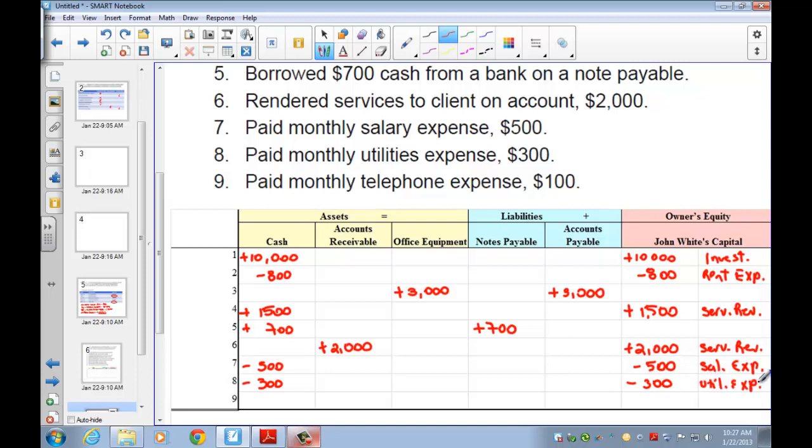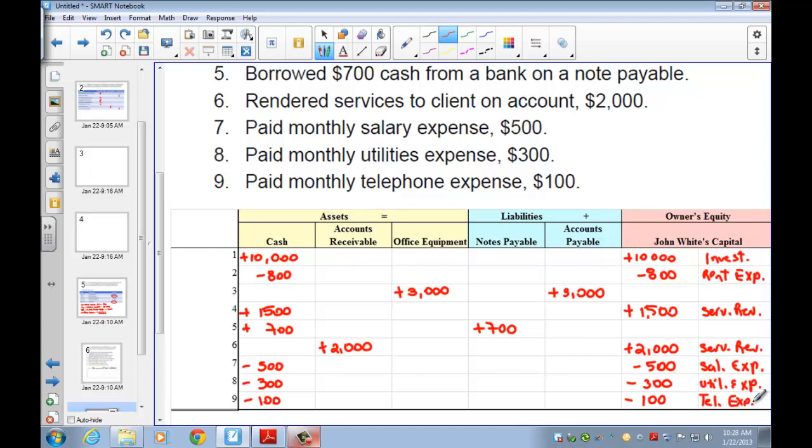And number 9, he paid a monthly telephone expense of $100. That will decrease cash by $100, and it will decrease his capital by $100, and that would fall under telephone expense.